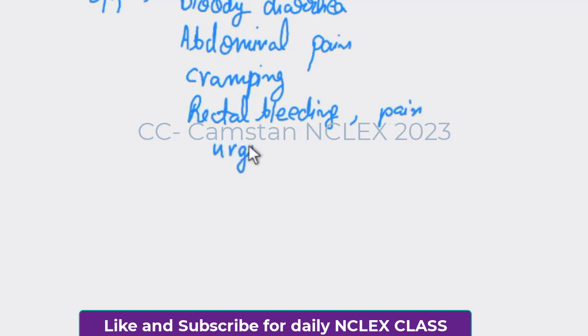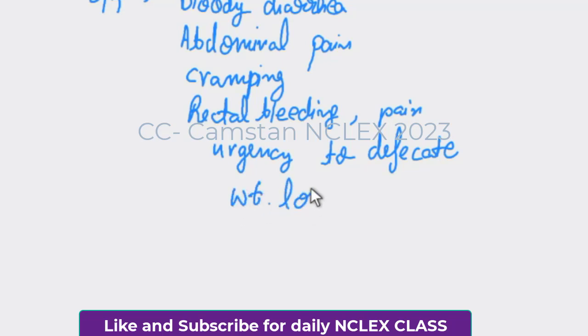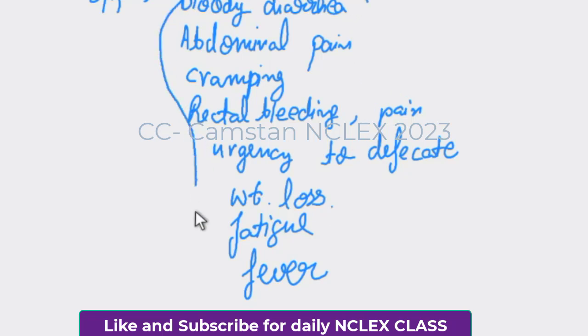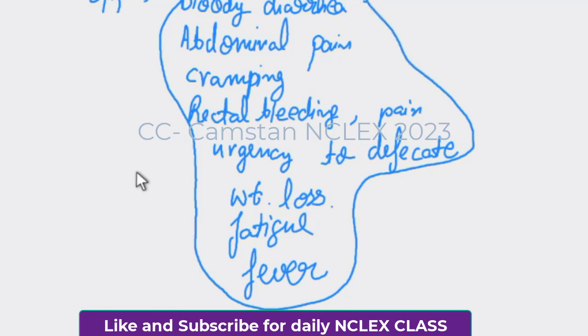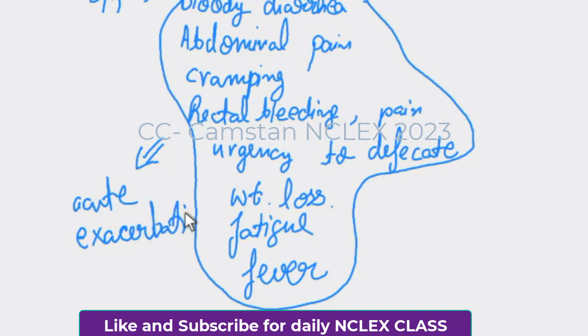Then there is urgency to defecate, weight loss, fatigue, and fever. So these are the symptoms with which a patient with ulcerative colitis can present if there is an acute exacerbation, right?